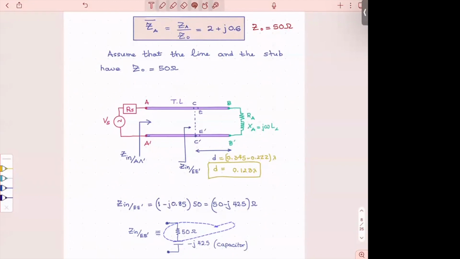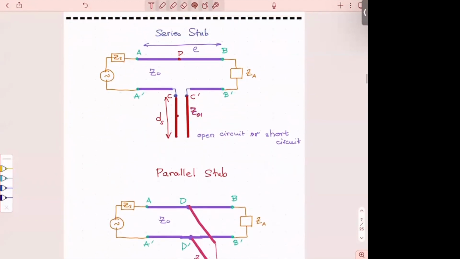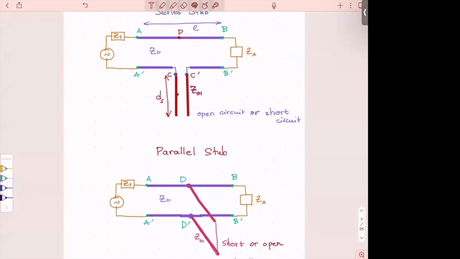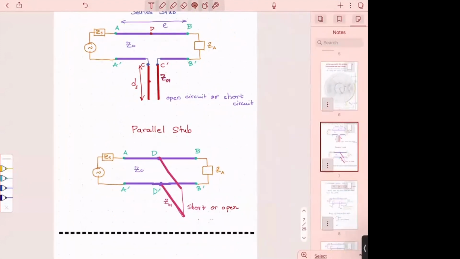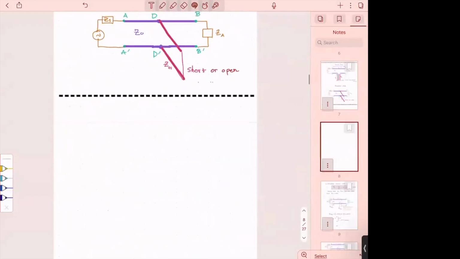Okay, so let me get these two. All right, so this is a place where I can write things. Here, let me add a page. All right, perfect.